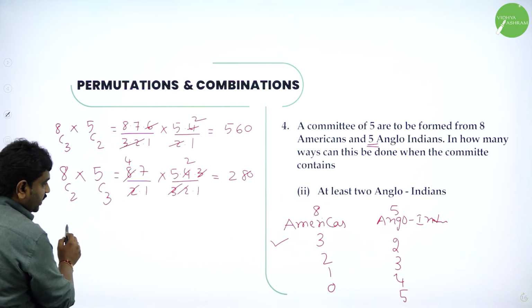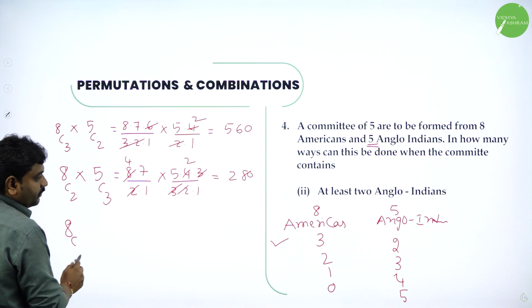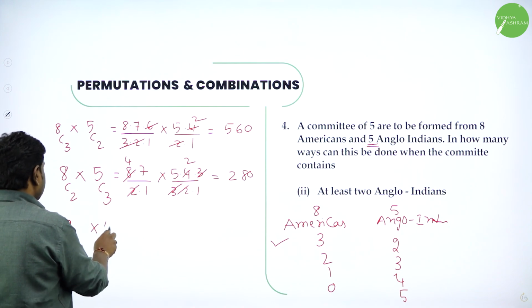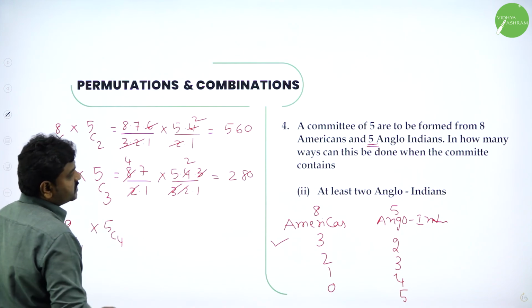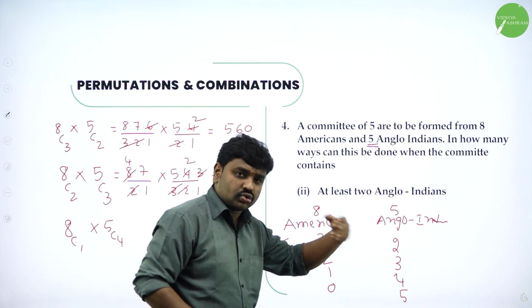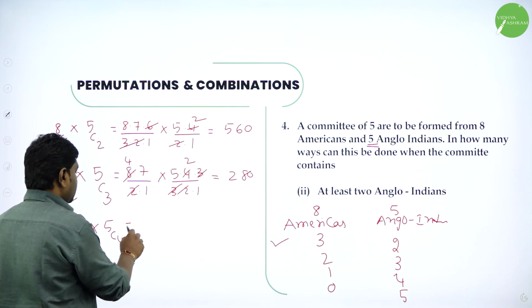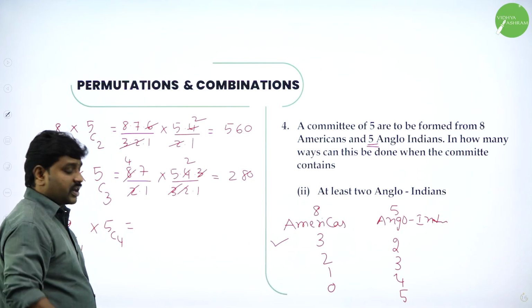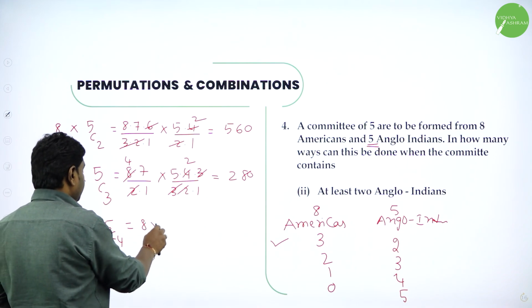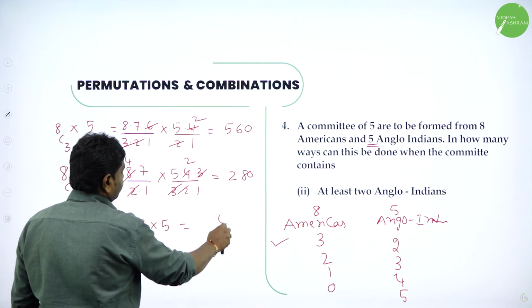Out of 8 Americans, 1 American I'll select and 4 Anglo-Indians I select, because they told at least 2 Anglo-Indians, 2 or more. That is the condition. Remaining, they have not given any restriction for Americans. So 8C1 is 8 and 5C4 is 5, which is 40.